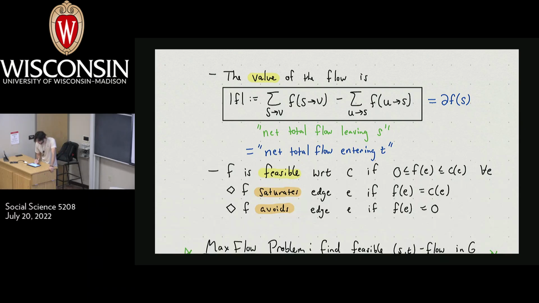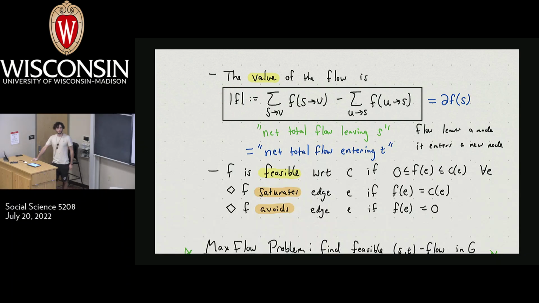And now, since flow always leaves a node, when flow leaves a node, it has to enter a new node. It can't disappear. Because of that, all the flow leaving S must eventually enter T, because that's our sink. That's where things can actually disappear. So because of that, the total flow entering T is also equal to the value of the flow.